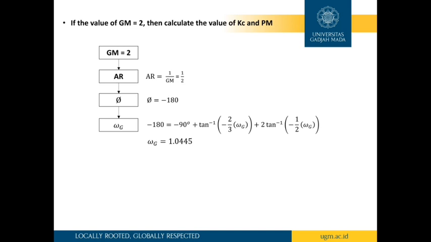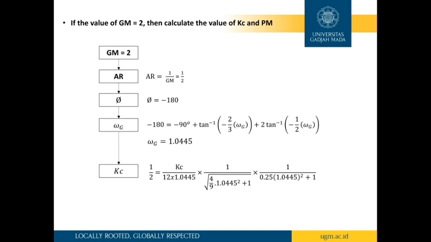We get the omega G equal to 1.04, and we get the number of Kc by inserting the values of AR equal to 0.5 and omega G equal to 1.04 into the AR equation.